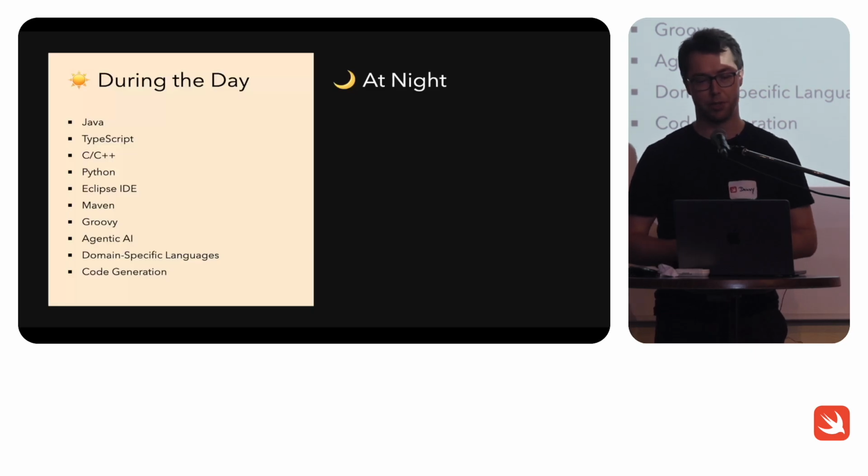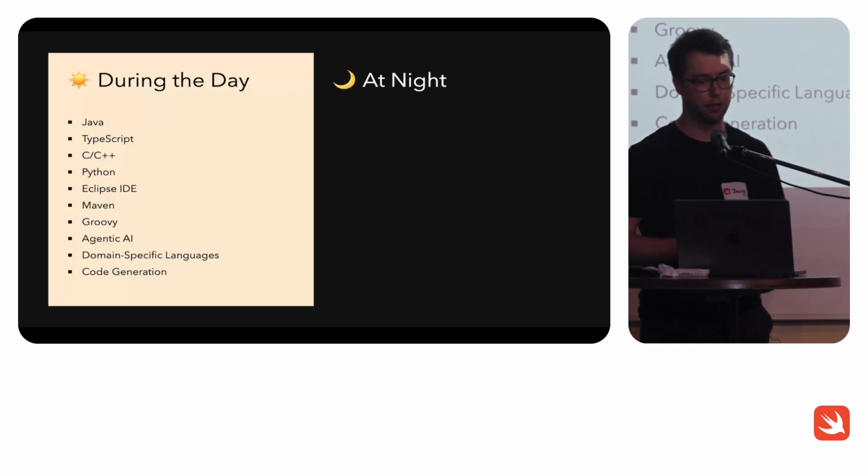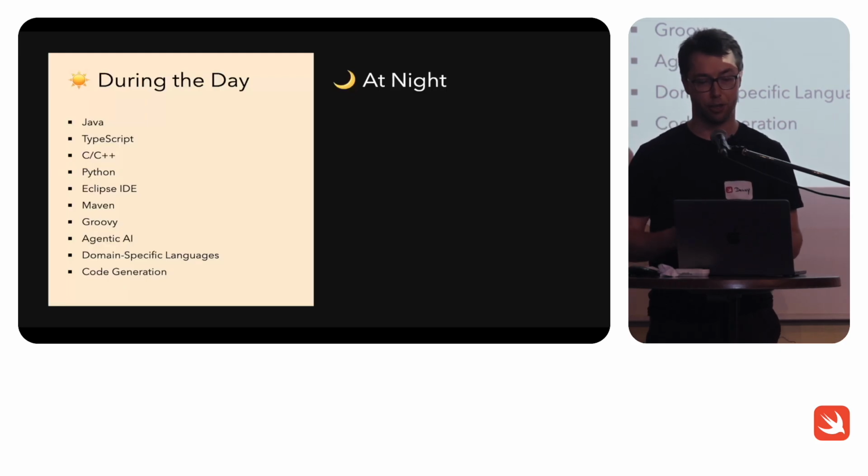But previously I was very much involved in domain-specific languages, validation of these languages, and also code generation. And that got me interested in language tools in general. And since my day job at that time also involved dealing with very ancient technologies from the 1980s, I wanted to work on something more modern.